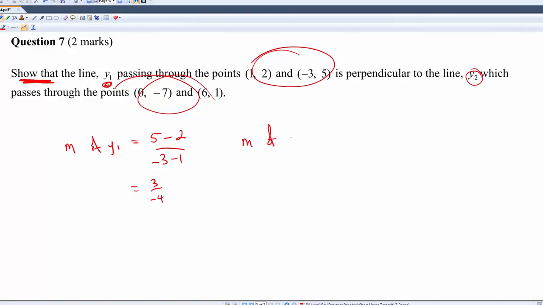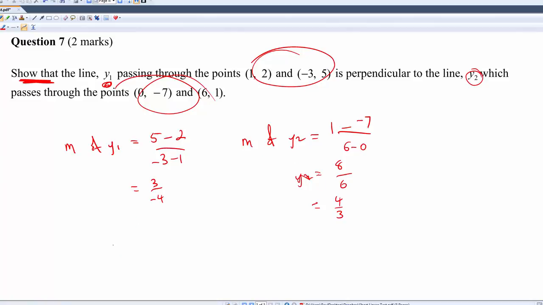M of y2 equals 1 take away negative 7 over 6 take away 0. So that equals 8 over 6, which is 4 over 3.